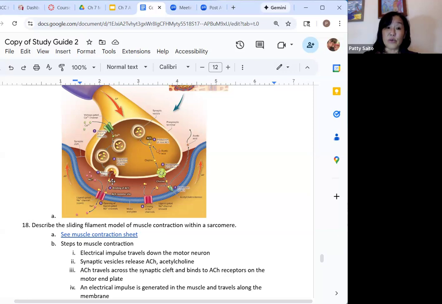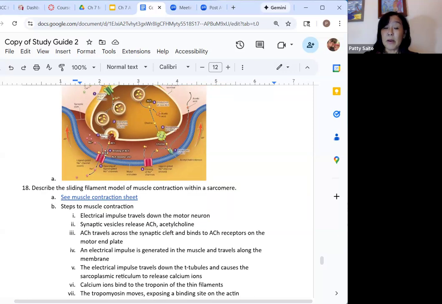The acetylcholine travels across the synaptic cleft and it's going to bind to the acetylcholine receptors. Now, the acetylcholine receptor, by binding, it causes an electrical impulse. And again, don't worry too much about what that means. We will do that later. But know that there's a change in the membrane, which is going to be generated and move along the membrane.